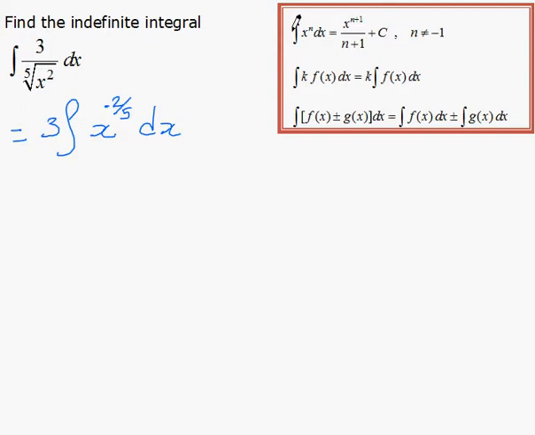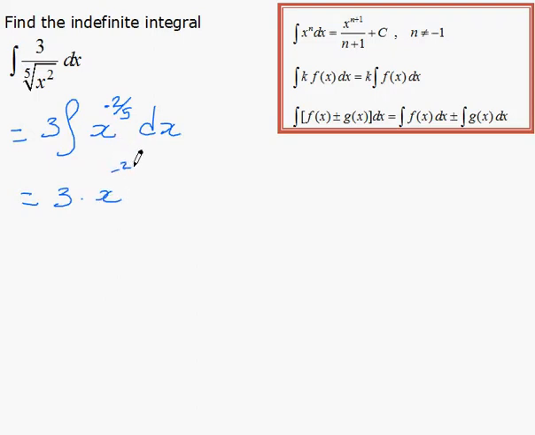And now it's simply a matter of using rule 1. So all we did here, we rewrote the denominator as x to the 2 over 5, made it negative to take it up top, took the 3 outside. We integrate now, becomes 3 times x.